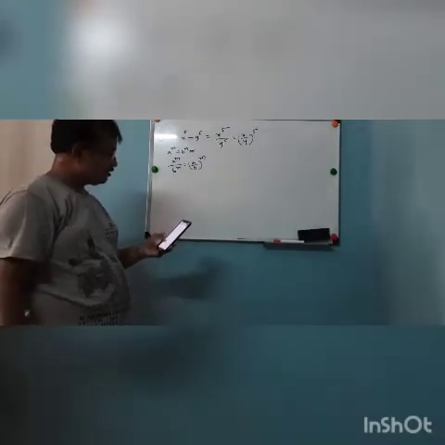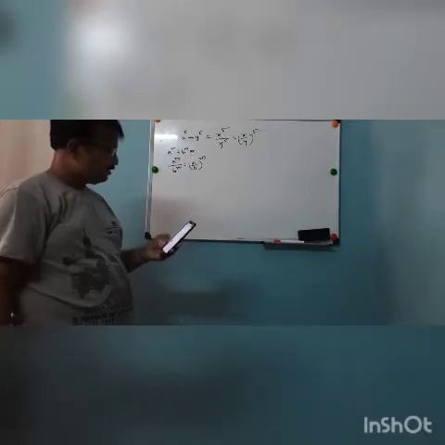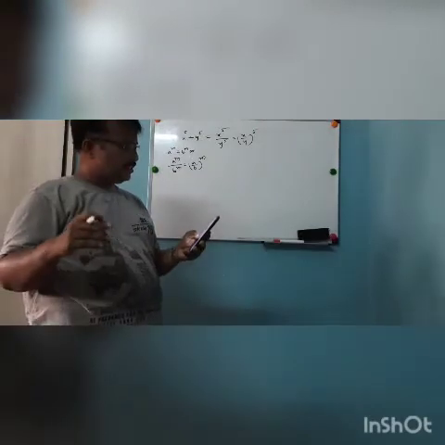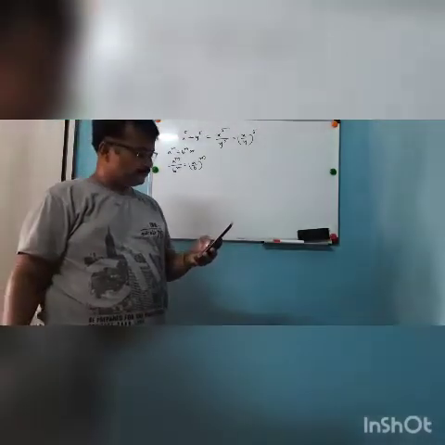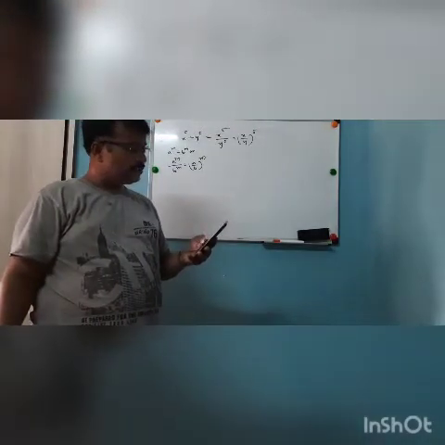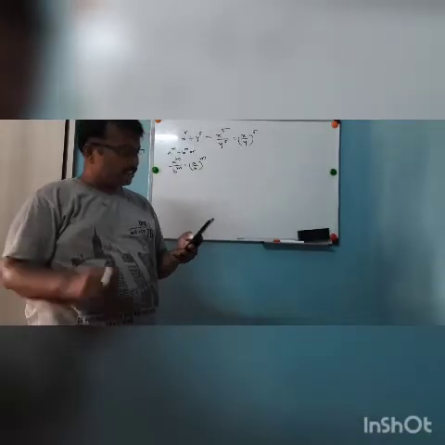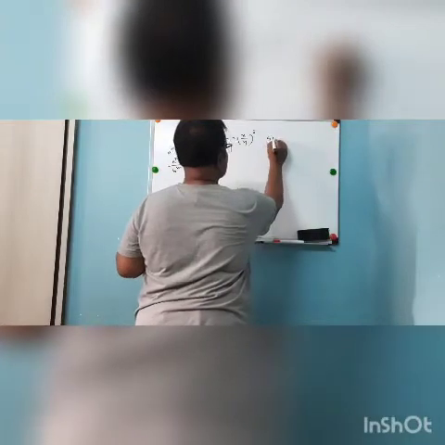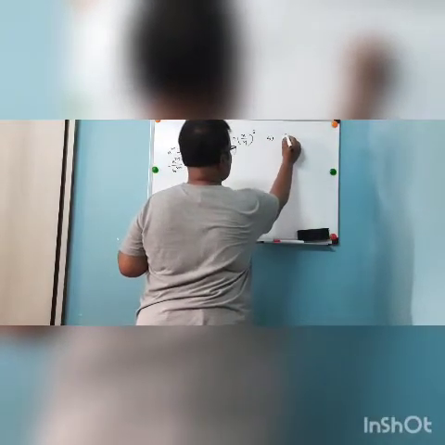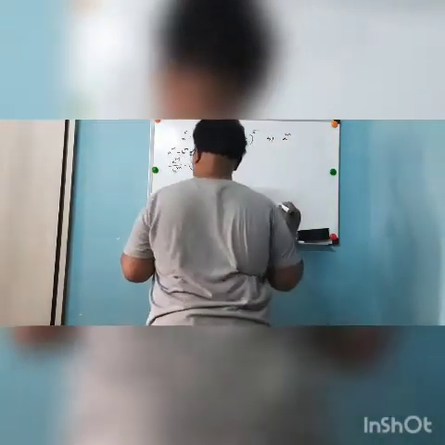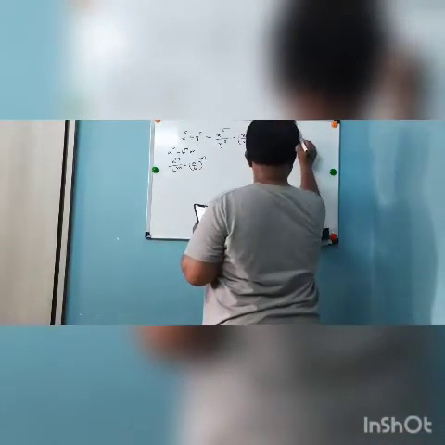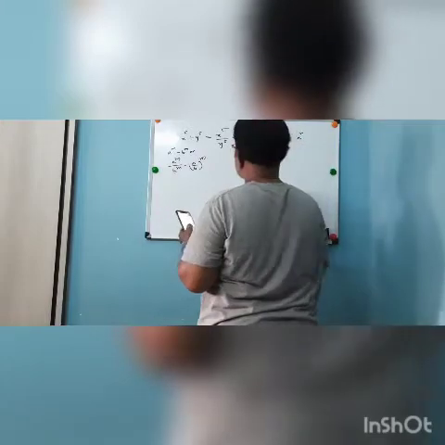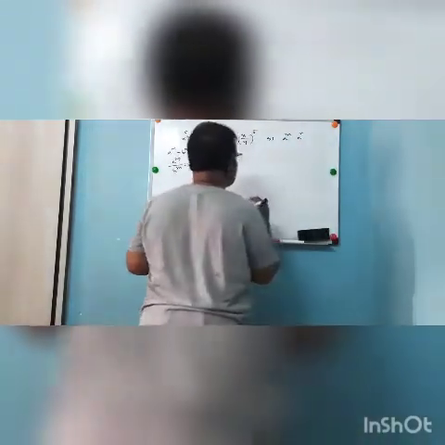First, a raised to m means a power m, and a raised to n is a power n. The product of these means a power m into a power n.